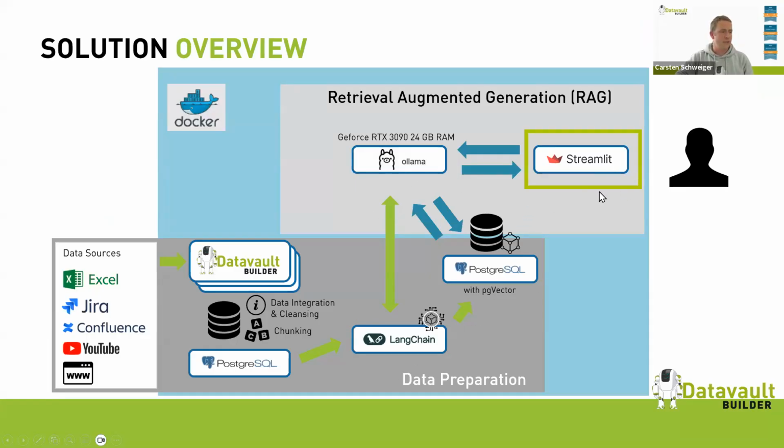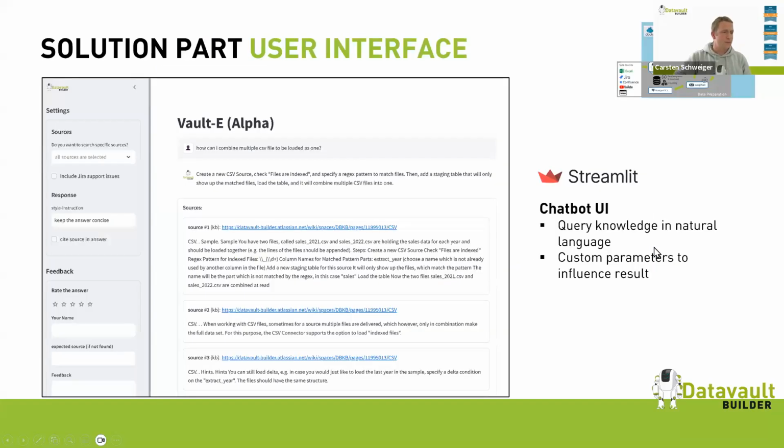For the user communication, we use Streamlit. It's an open source framework to rapidly build and share beautiful data science and AI web apps. It's easy to create a chatbot. Our goal was to have a chatbot where you can communicate in natural language. So this was easy to create. And if we look at the screenshot, we can see what we did.